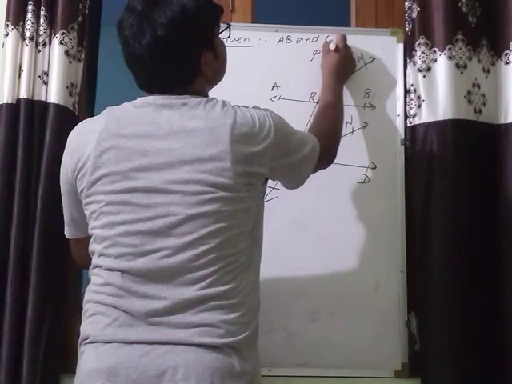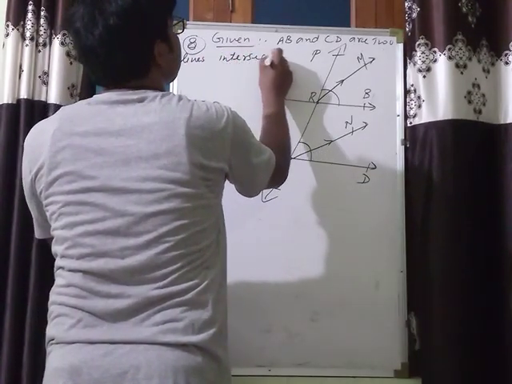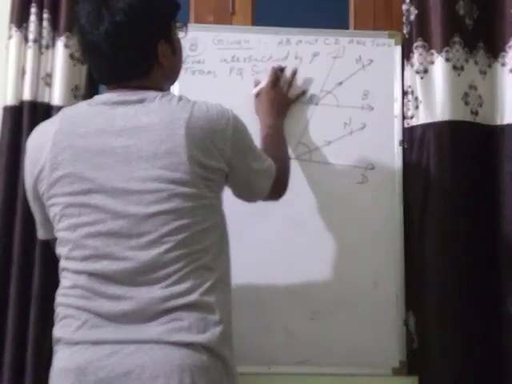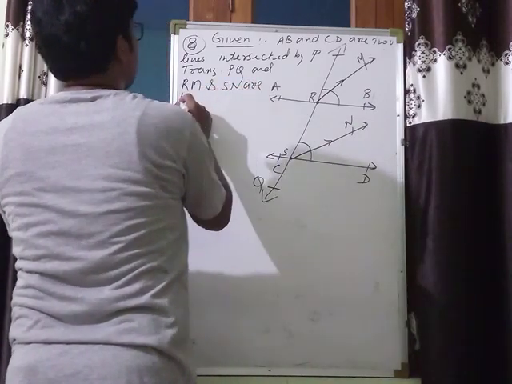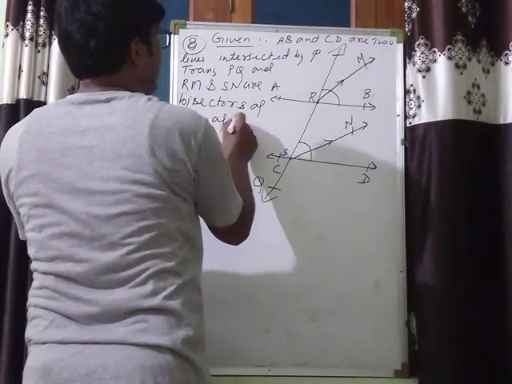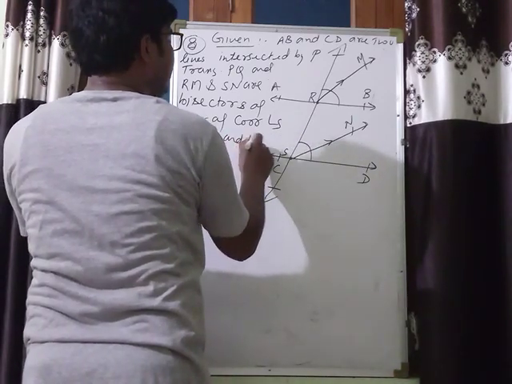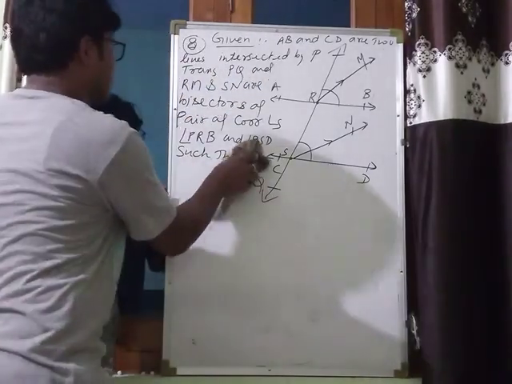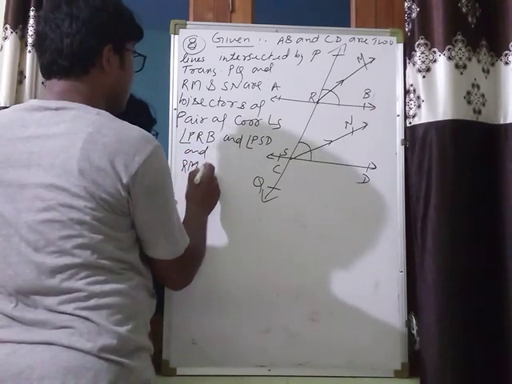AB and CD are two lines intersected by transversal PQ such that RM and SN are bisectors of a pair of corresponding angles, angle PRB and angle PSD, and it is given that this RM is parallel to SN.